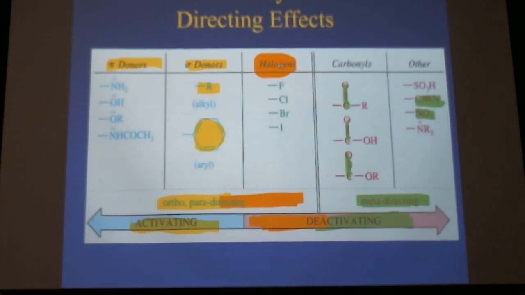If I wanted meta, the first substituent that I introduce should be a meta director, or something that I can then convert into a meta director, or something that I can convert to an ortho-para director, okay, before I do the next step. So I need to plan what to put first, second, third.